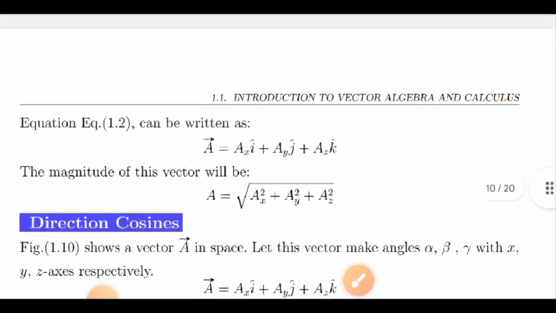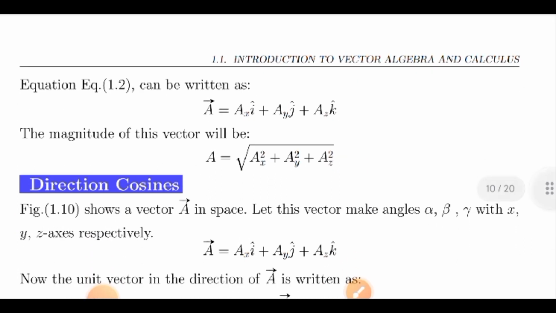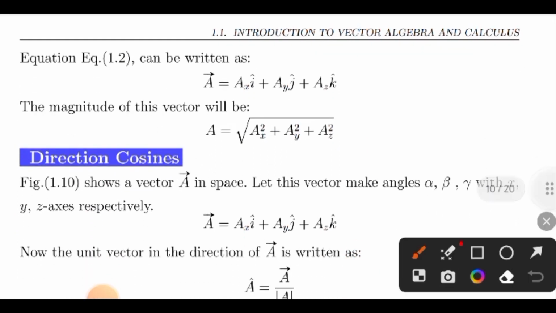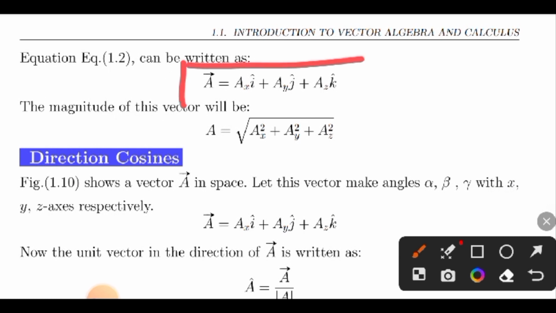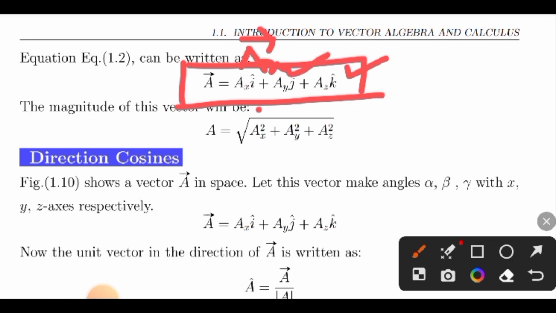So by using these components, we can write vector A is equal to Ax into i unit vector plus Ay into j unit vector plus Az into k unit vector. If you want to find the magnitude of this vector, then we have to take the sum of the squares and then their square root.